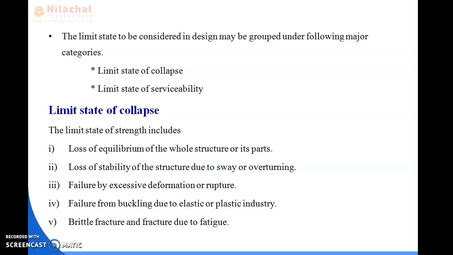The next one is brittle fracture and fracture due to fatigue. In the limit state of collapse, these are the limiting zones which we take into consideration, and we design the structure by considering all these failures so that we can make a very good structure and a very good infrastructure for the future.